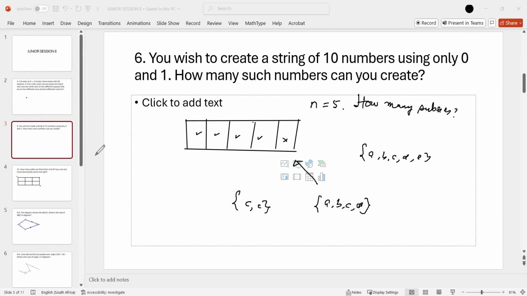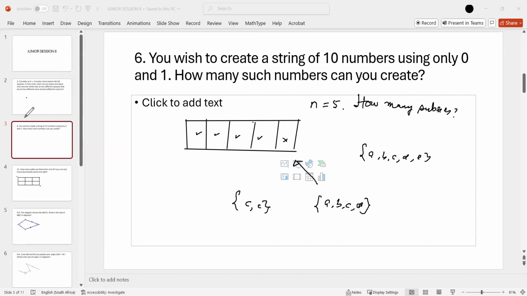It'll be the same as counting the number of subsets, because each subset corresponds to a string of ticks and crosses, and each string of ticks and crosses corresponds to a certain subset. Like this one here corresponds to the subset A, B, C, D. E is not in. Right?